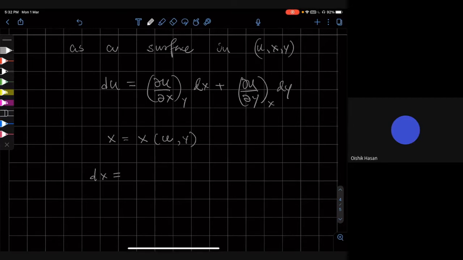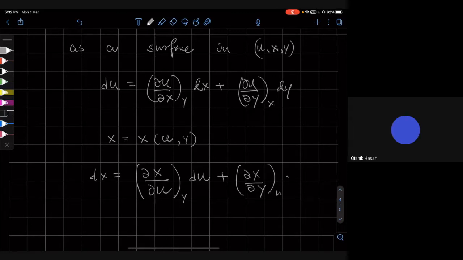I can consider a change dx along the same path, and it'll be dx equals (dx/du) at constant y du plus (dx/dy) at constant u dy.